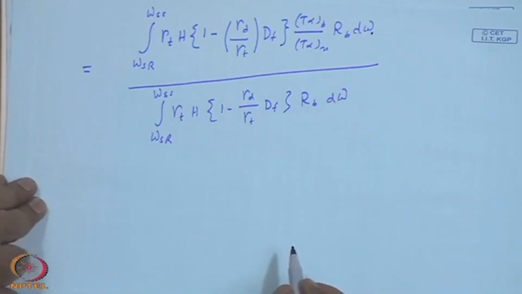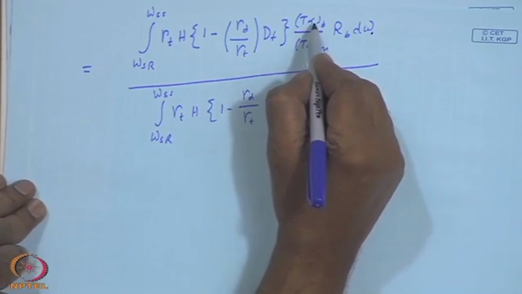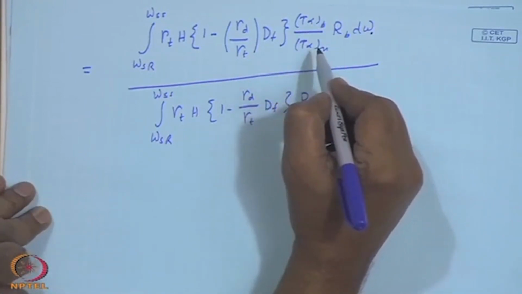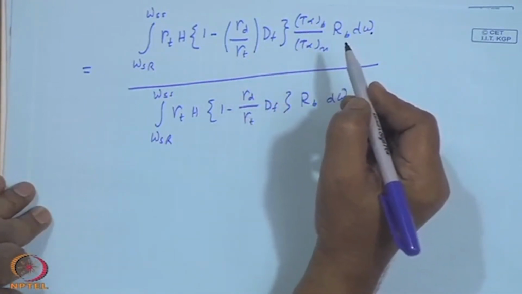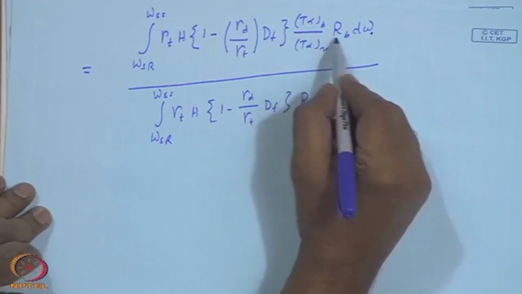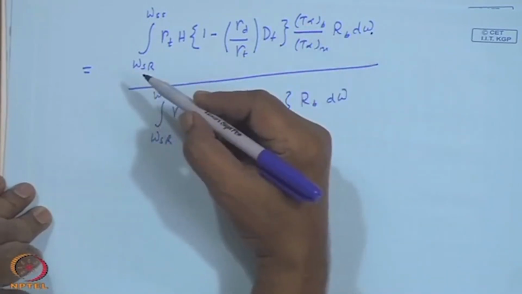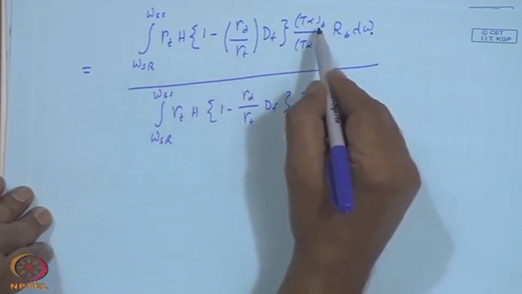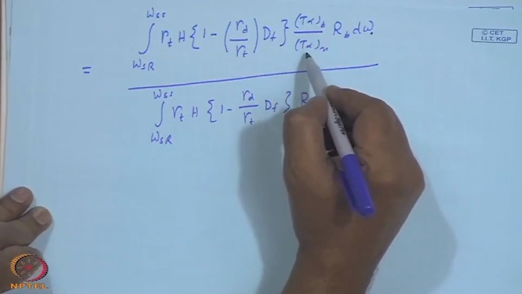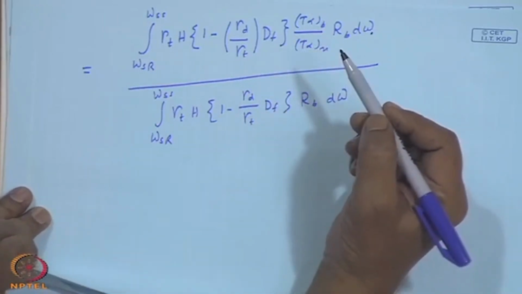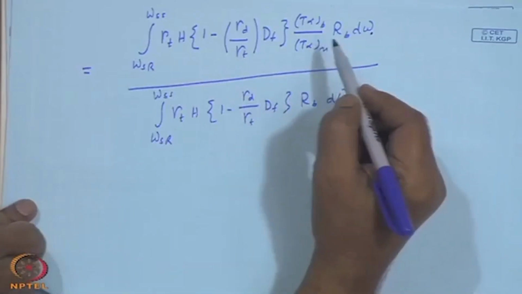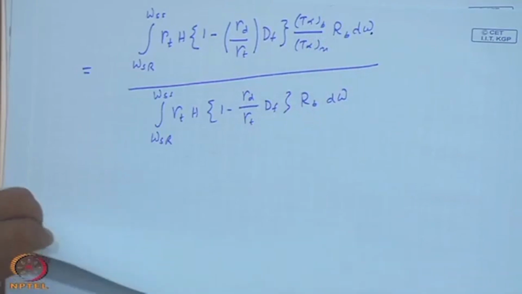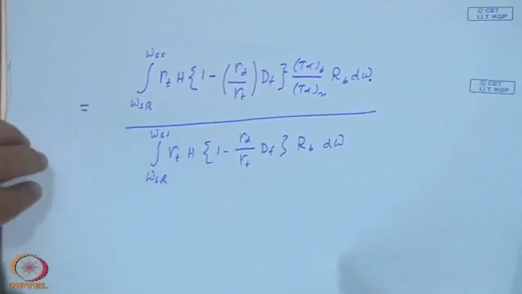Please remember this, we are carrying on with tau alpha b by tau alpha n. Actually, it could have been equally accurate even if we say only tau alpha b R b d omega equal to tau alpha bar b. However, the relation is for tau alpha b by tau alpha n in terms of the angle of incidence. So, it is more convenient to use this particular form rather than only tau alpha b. Other than that, there is nothing special about multiplying with tau alpha b upon tau alpha normal.